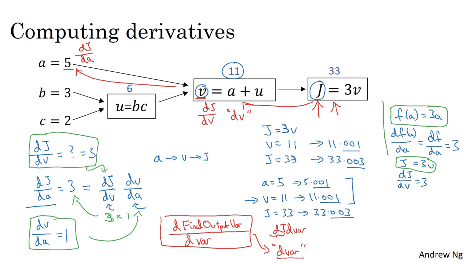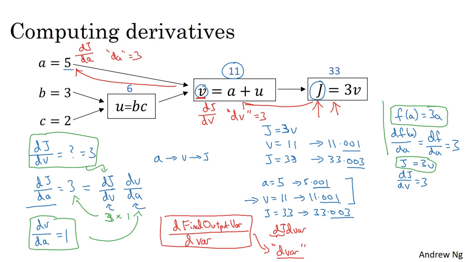So dv would be equal to 3. And in your code, you represent this as dA, which we also figured out to be equal to 3. Okay. So we've done backpropagation partially through this computation graph. Let's go through the rest of this example on the next slide.